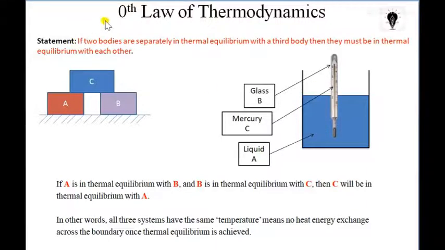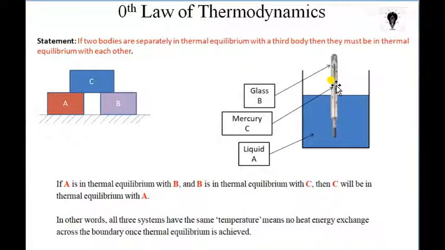So the zeroth law of thermodynamics says that if two bodies are separately in thermal equilibrium with a third body, then they must be in thermal equilibrium with each other. Here glass and mercury are in thermal equilibrium with the liquid, so mercury and glass are also in thermal equilibrium with each other.